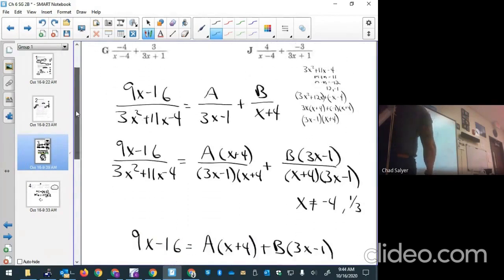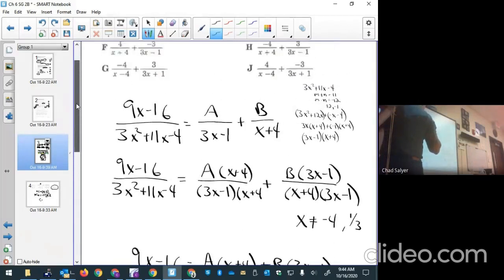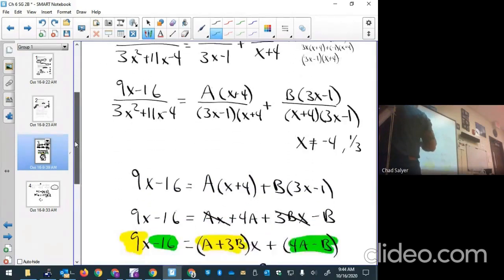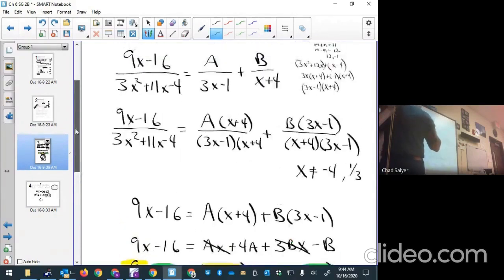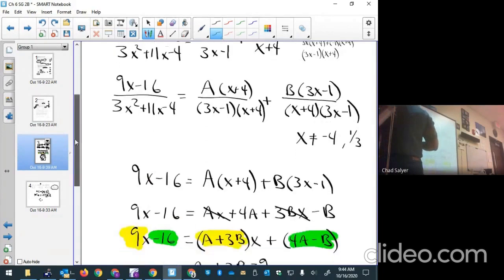All right, so 3x minus 1, x plus 4. I believe that factorization is valid. What else is in there?